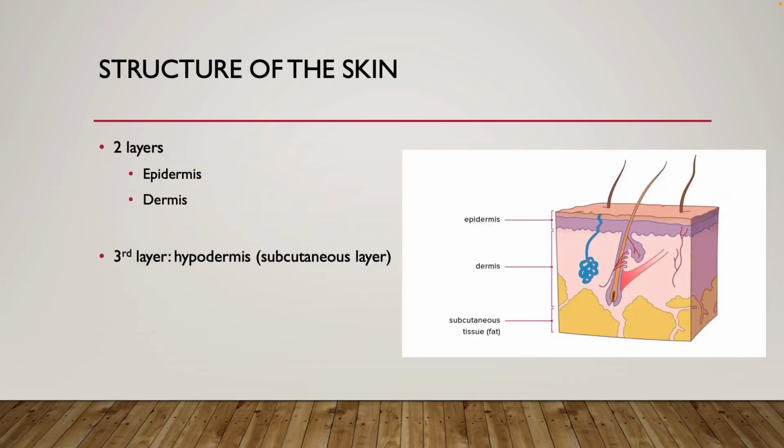So when we take a look at our skin here, we said that we have two main layers. We have an epidermis and a dermis. And you can see on this little schematic to the right, we have an epidermal layer and then a much larger dermal layer. And then we have this third layer way down here. This is our hypodermis, sometimes called our subcutaneous layer, sometimes called our superficial fascia.